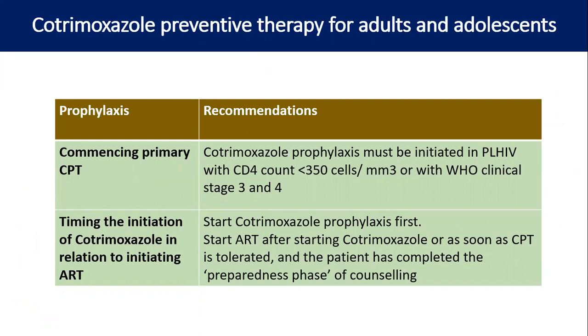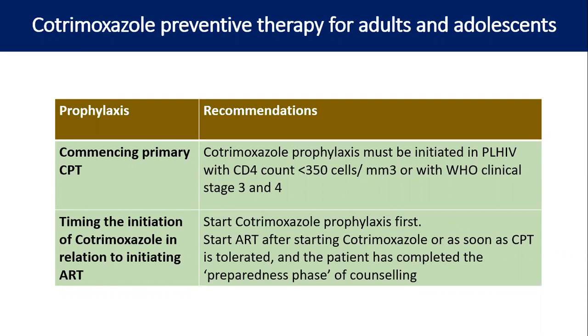Now, timing the initiation of cotrimoxazole in relation to initiating ART. We should start cotrimoxazole first. Start ART after starting cotrimoxazole, as soon as the CPT is tolerated and the patient has completed the preparedness phase of counseling. So whenever the patient comes with presumptive symptoms of TB or a stage 3, stage 4 condition, we start cotrimoxazole first, and during that time, preparedness counseling goes on, and the patient is also investigated for PCP and all.